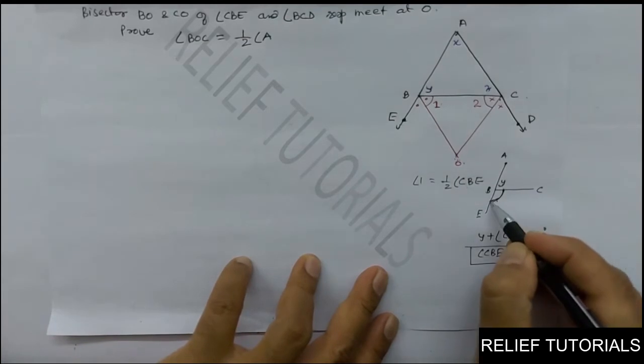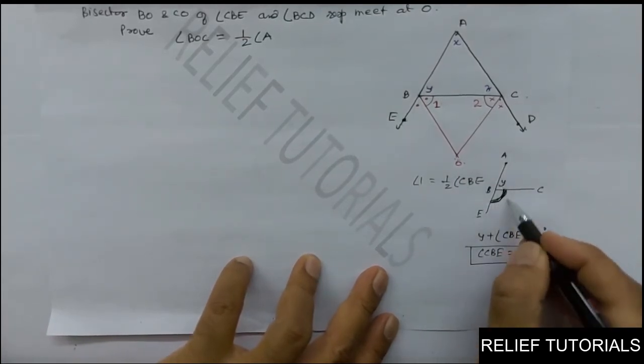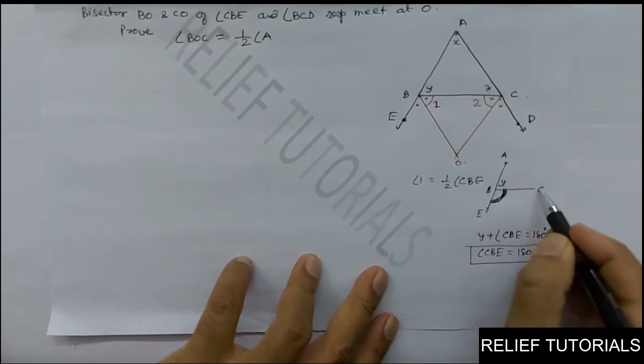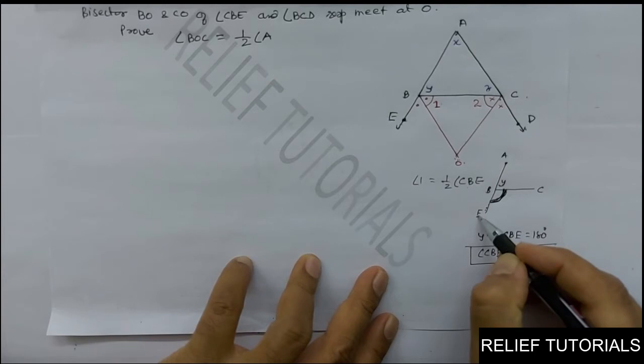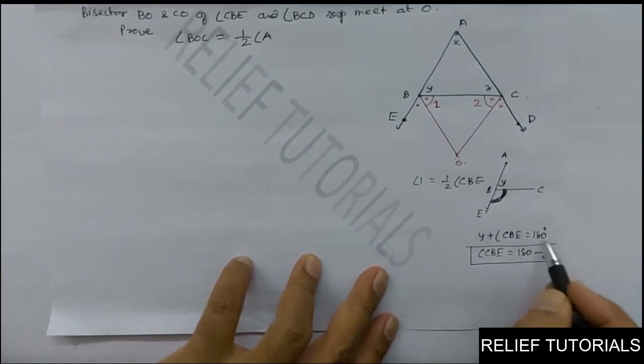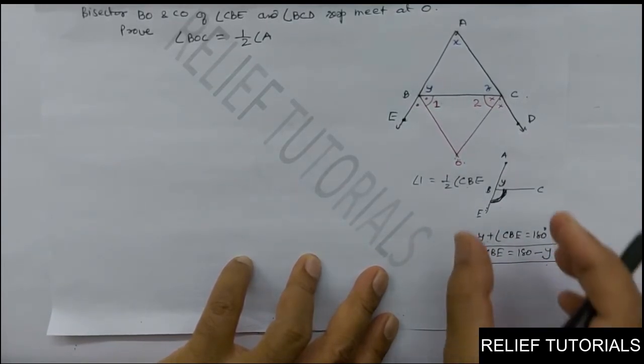See friends, how about the CBE? CBE is total 180. From 180 you subtract this Y. So you will get CBE. Clear or not? That is Y plus CBE is equal to 180. So you want CBE, so CBE is equal to 180 minus Y. No need of this mathematical calculation. Just look at the diagram.